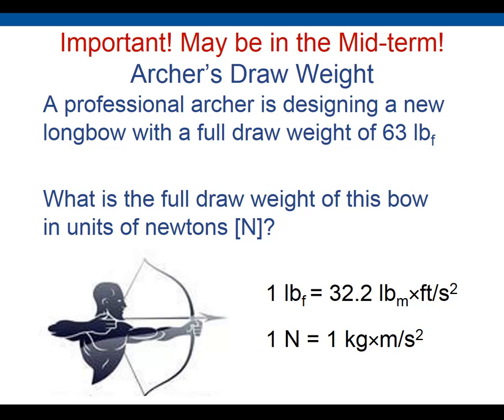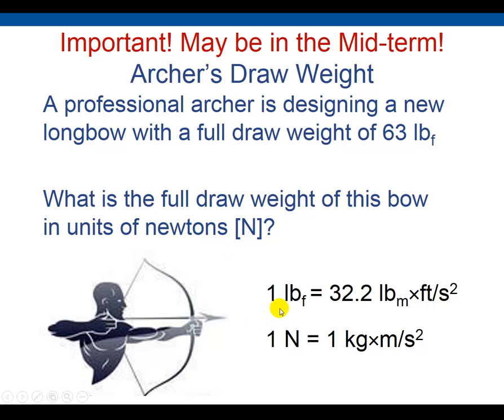So let's look at the question. A professional archer is designing a new longbow with a full draw weight of 63 pound force. Okay, this is force, right? It is not mass. 63 pound force. So what is the question? The question is we want to convert this 63 pound force to newtons.